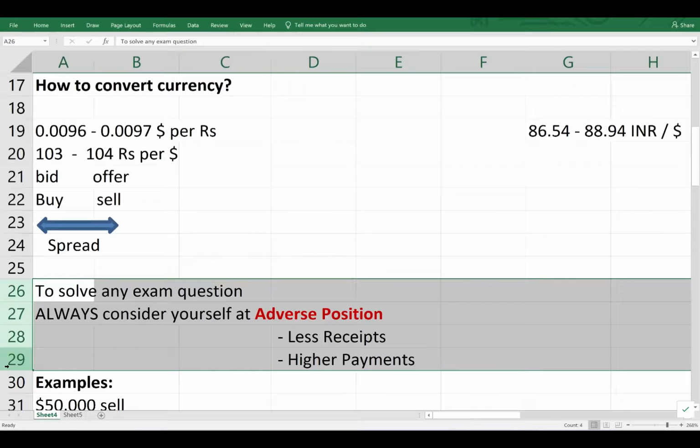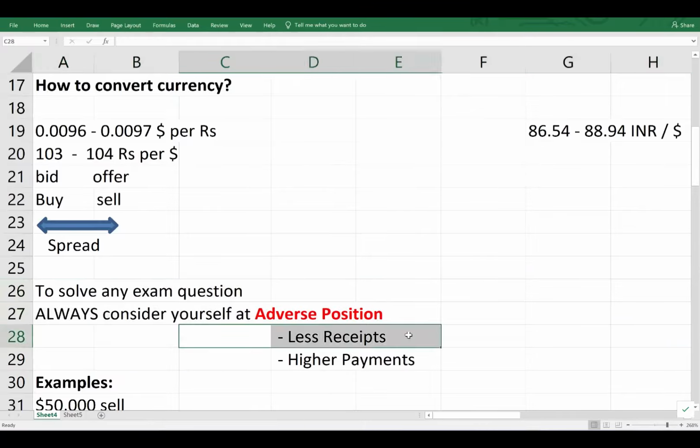If you want to sell currency, the bank will give you the adverse rate, which is the rate that results in less receipt. So keep in mind, whenever you have a receipt, we use the rate which results in less receipts. And when it's a payment, we use the rate that results in higher payment. That is the easiest method to find this.